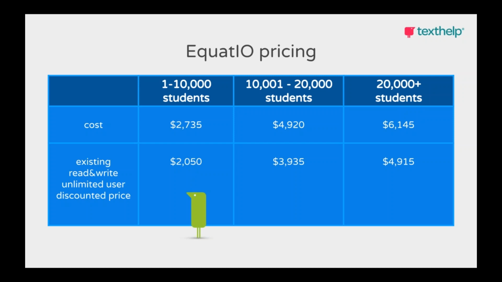These are all subscription prices, and that would allow every single student, faculty, and staff to have access to EquatIO. If you're an existing Read and Write site license customer, there's a little bit of a discount, like 25%, so it's pretty significant. I saw the attendee list, and some of you are my customers from having site licenses. Very modest pricing.